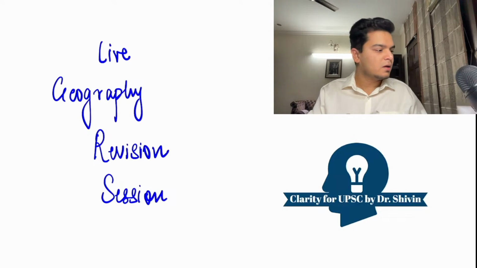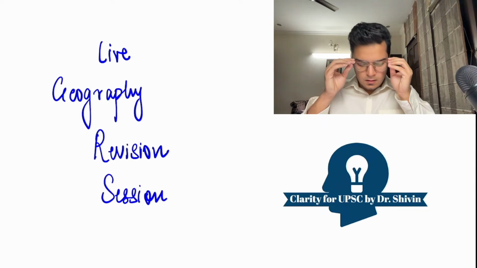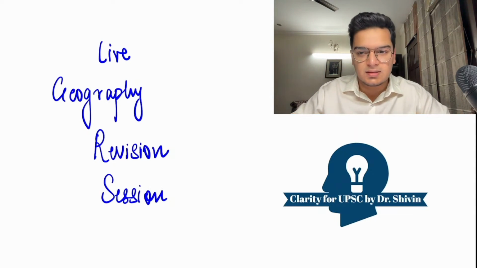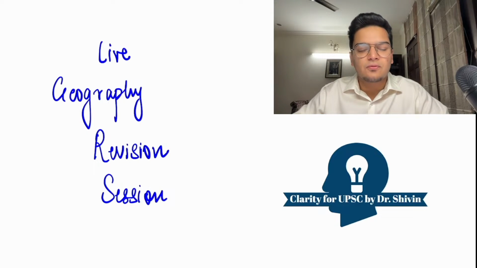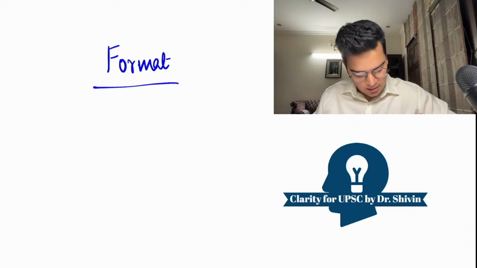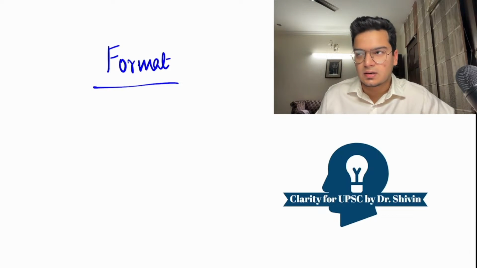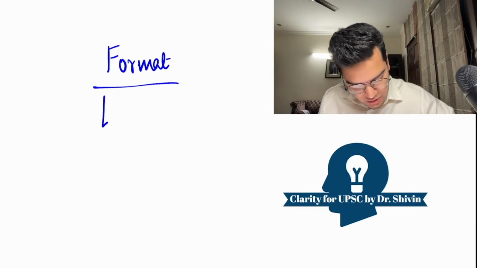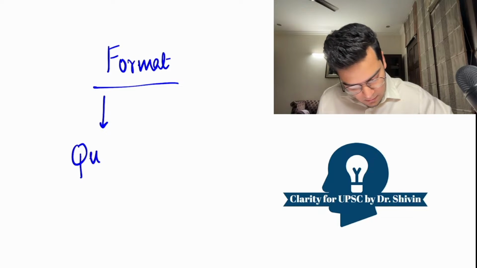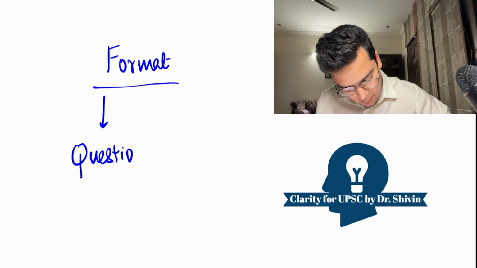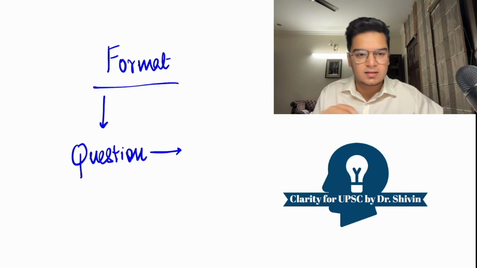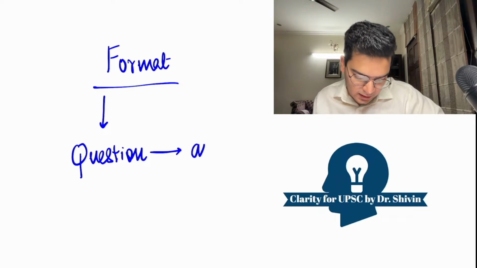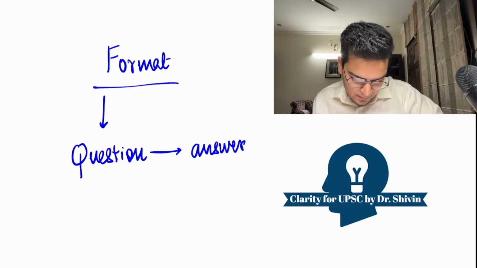So what we're going to do today is this live revision session, and there's going to be a format to it. I will write the questions here. The question will come on the screen. I will not tell you the answer straight ahead. You have to write the answer in the comments.